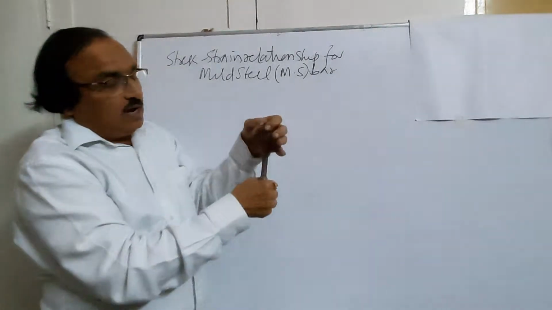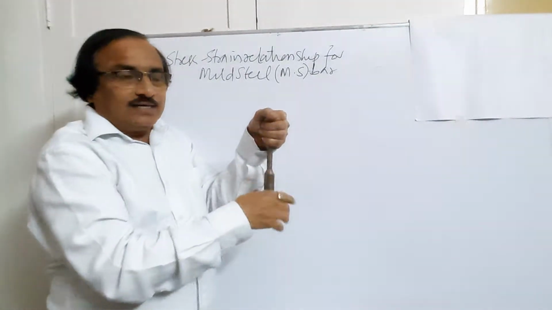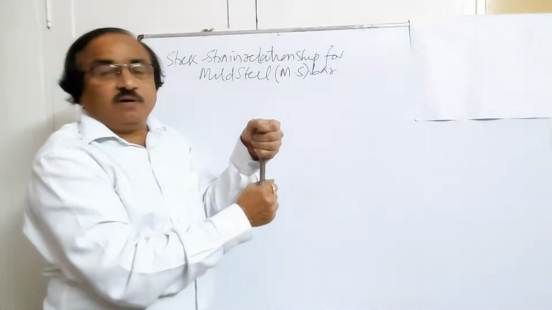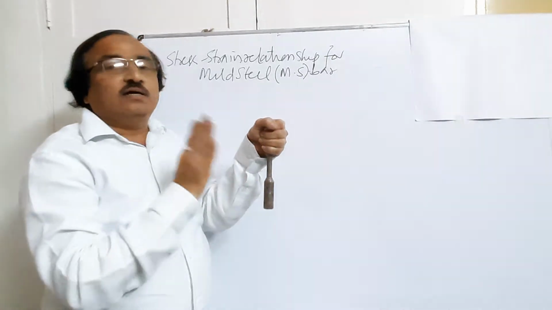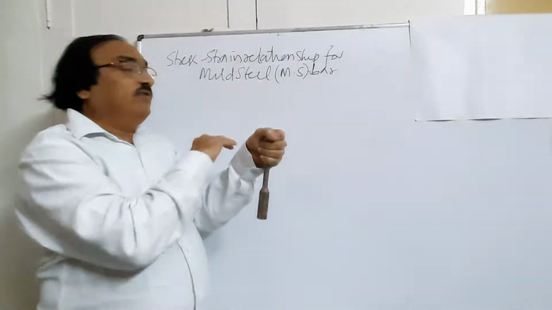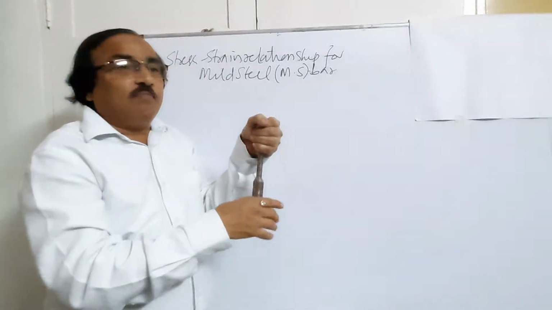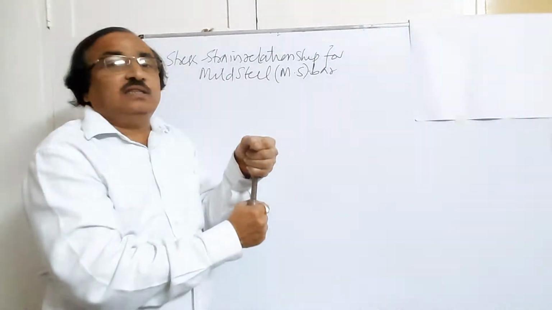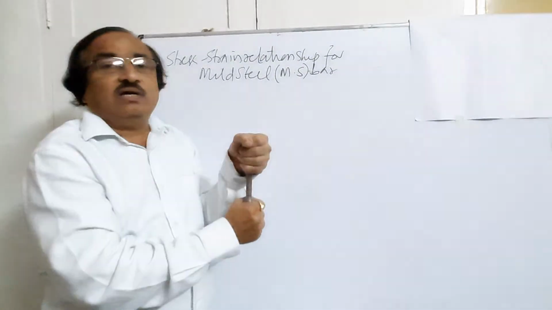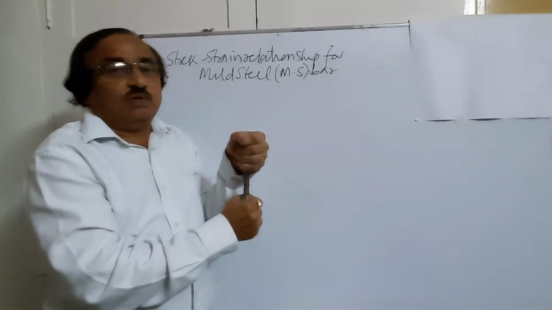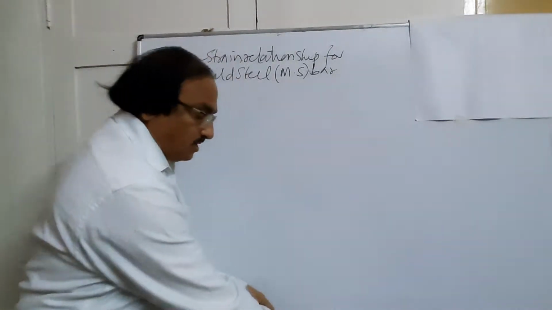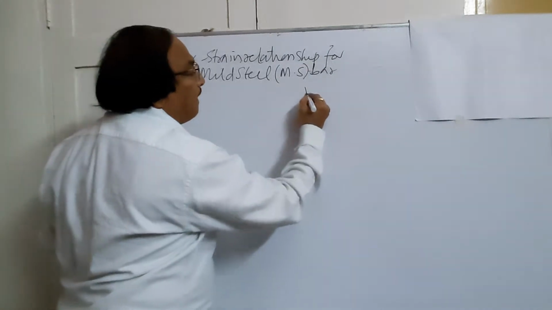Now when we apply the tensile load, as the load goes on increasing, there is elongation in the member. Wherever load is there, we will have stress. Wherever elongation or deformation is there, we will have strain. By conducting the experiment in the universal tensile testing machine, we draw a graph of stress versus strain for mild steel bar.